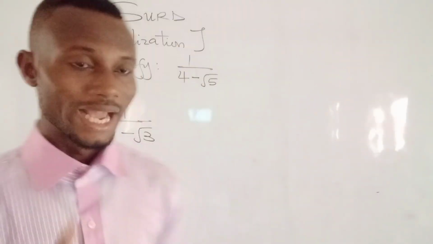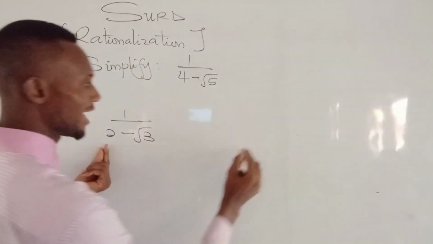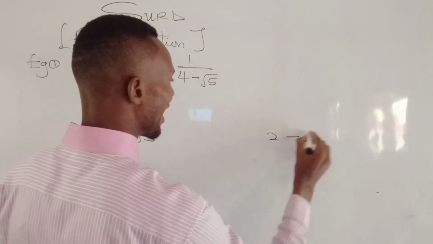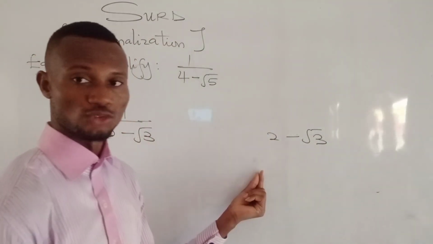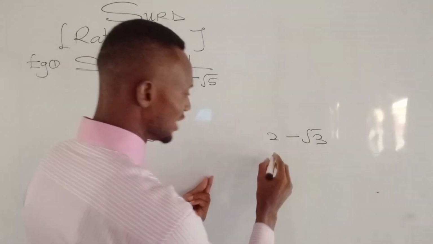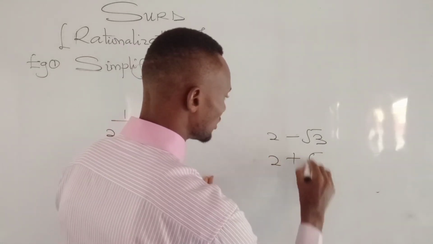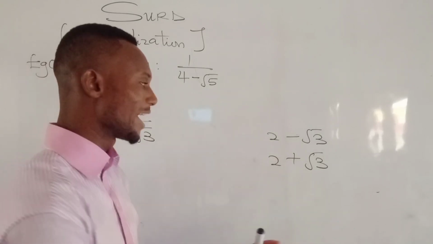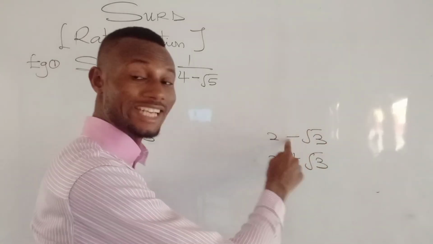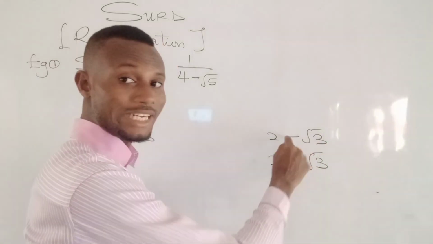Now the denominator we have here is 2 minus root 3. The conjugate of 2 minus root 3 is going to be 2 plus root 3, and I just explained that to you. To find the conjugate, you just change the sign in between them to the opposite.